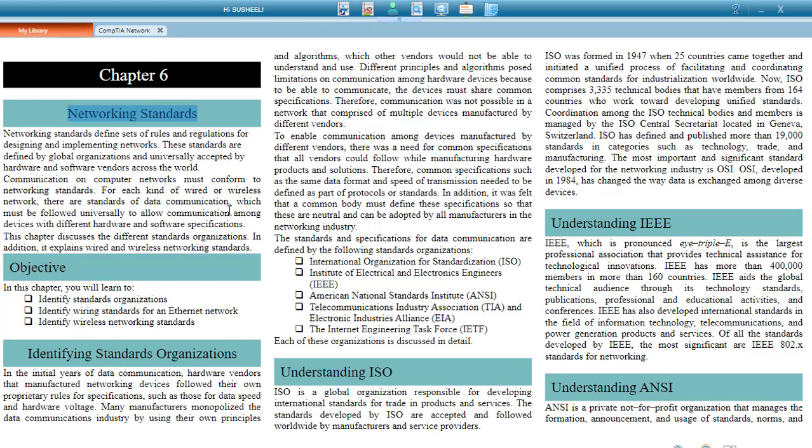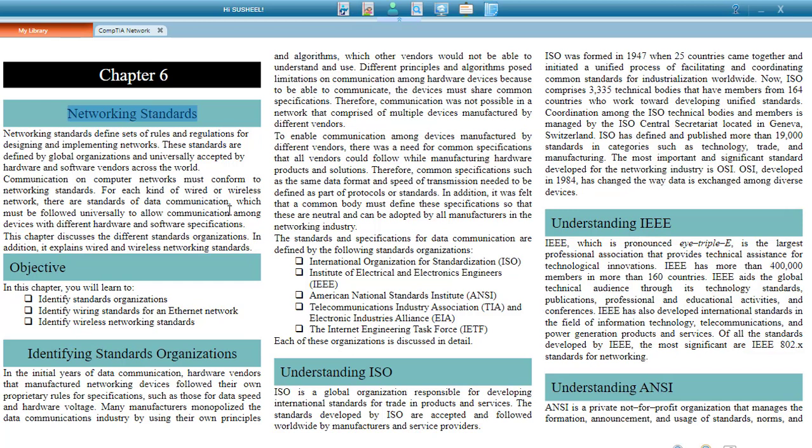In the initial years of data communication, hardware vendors that manufactured networking devices followed their own proprietary rules for specifications, such as those for data speed and hardware voltage. Many manufacturers monopolized the data communications industry by using their own principles and algorithms, which other vendors would not be able to understand and use.